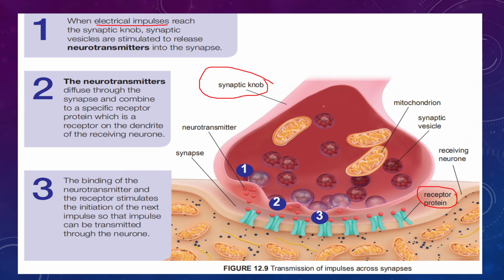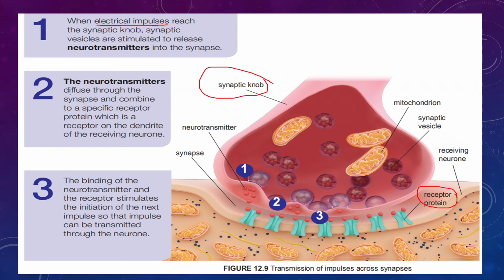So upon reaching this place, synaptic knob, synaptic vesicles will be stimulated to release the neurotransmitter that is within it into the synapse. Dia akan pergi mendekati this membrane and then going to release the neurotransmitters. Okay, semua dia akan pergi dekat kepada membrane and then release all the neurotransmitters to the synapse.